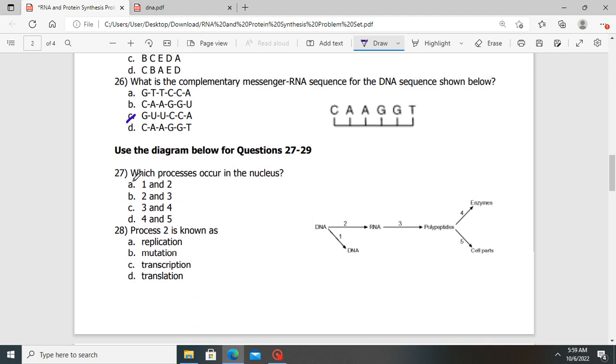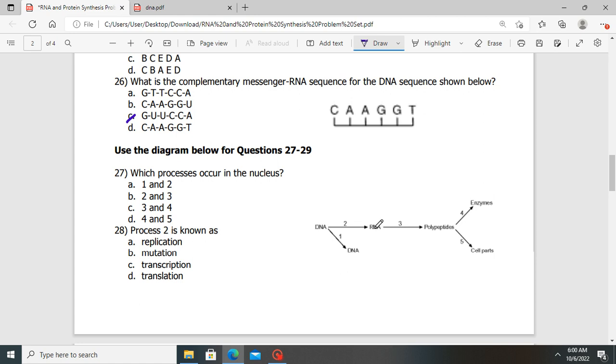27. Which process occurs in the nucleus? We are to use the diagram below for questions 27 to 29. You have DNA giving DNA, DNA to RNA, RNA to polypeptide, and polypeptide to an enzyme and also to the cell part. Which of these occur in the nucleus? DNA to DNA is DNA replication. DNA to RNA is transcription.